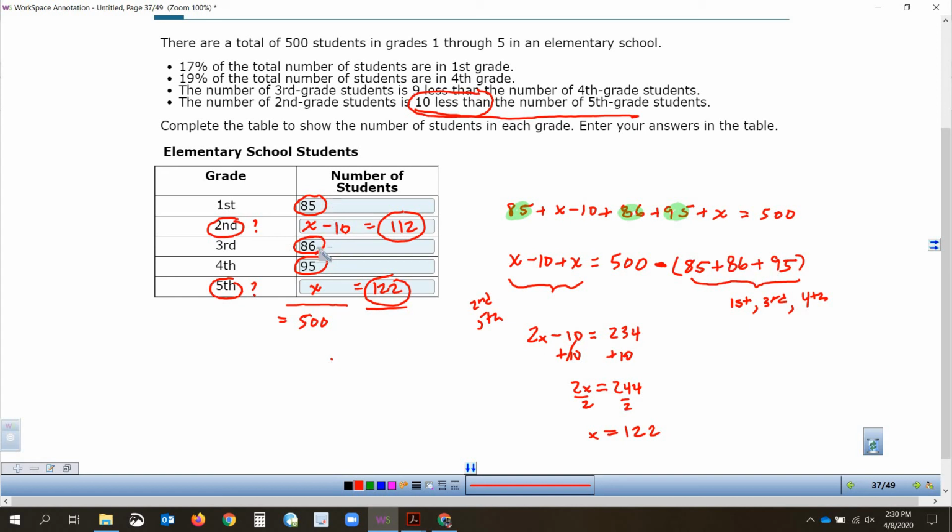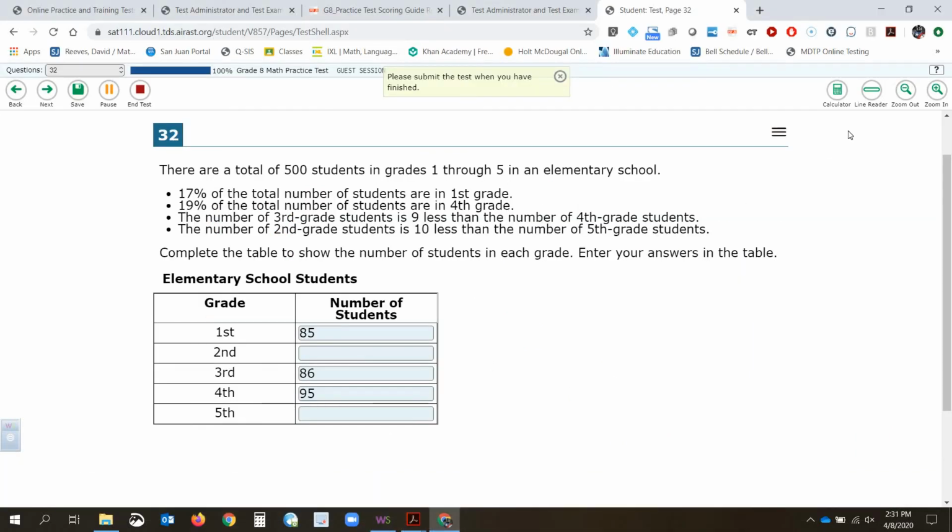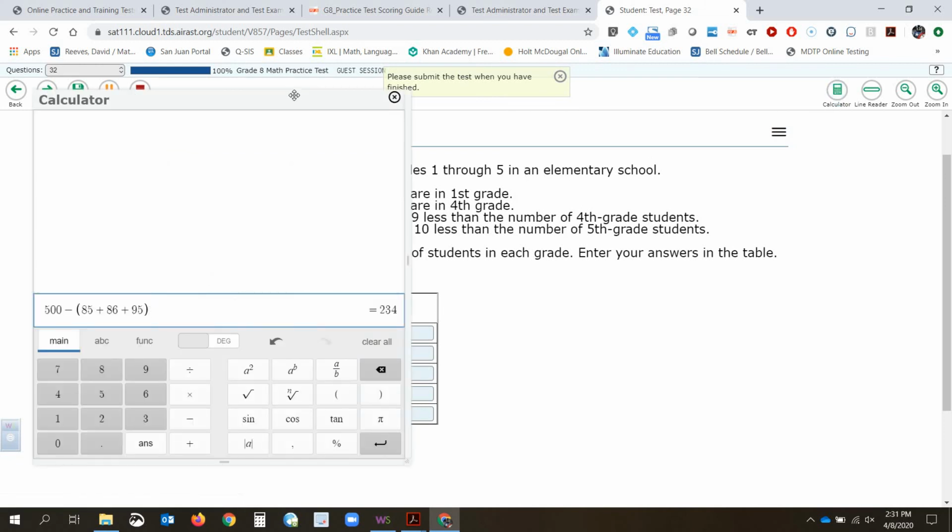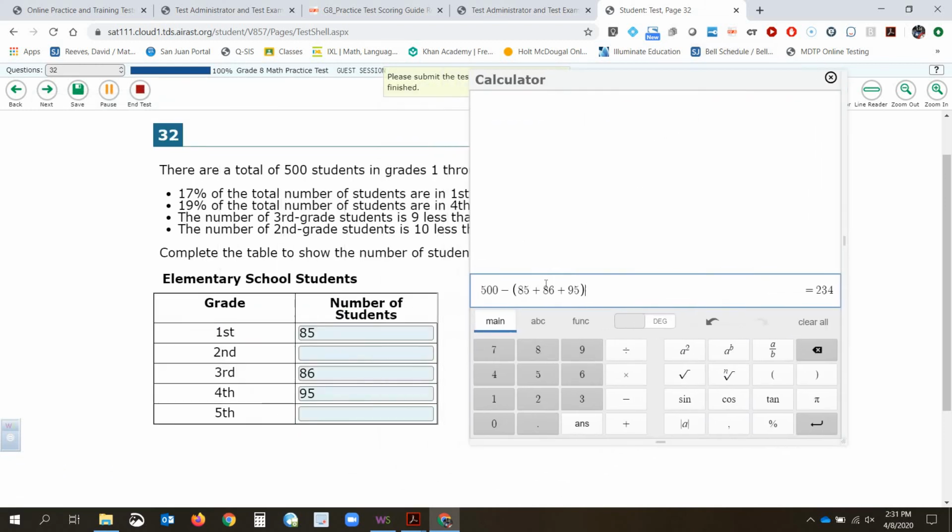So I need to do the 85 plus the 86 plus the 95. All right, let's just do this on the calculator. I'm sorry, guys. We have the 85 plus the 86 plus the 95, and we're going to add that to 234, and it should equal 500.